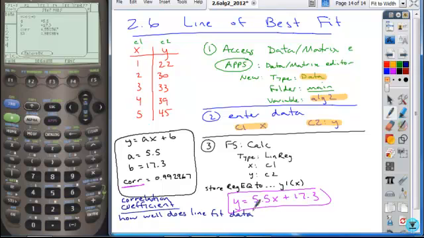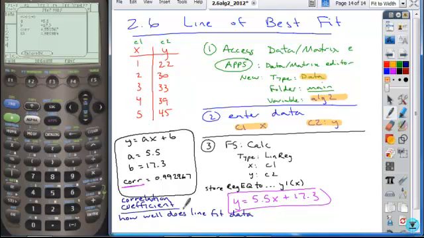Okay, so this is going to tell us how well that data fits on the given line, and it's basically a probability or percentage. So it fits with a probability of about 99%. The closer it is to 1, the more accurate or the more consistently it's going to fall on the given line. So you want these correlations to be close to 1.